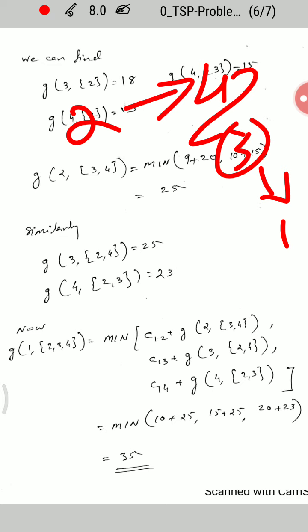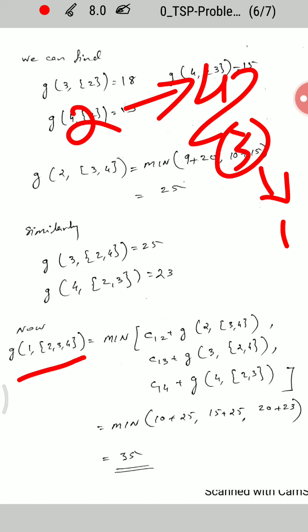Now we can go to the first equation, that is G(1,{2,3,4}), the cost starting from 1, visiting 2, 3, 4 in some order and returning back to 1.